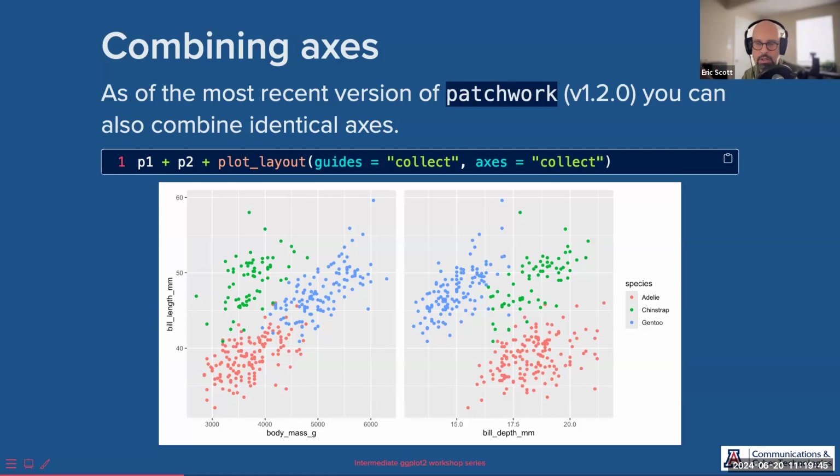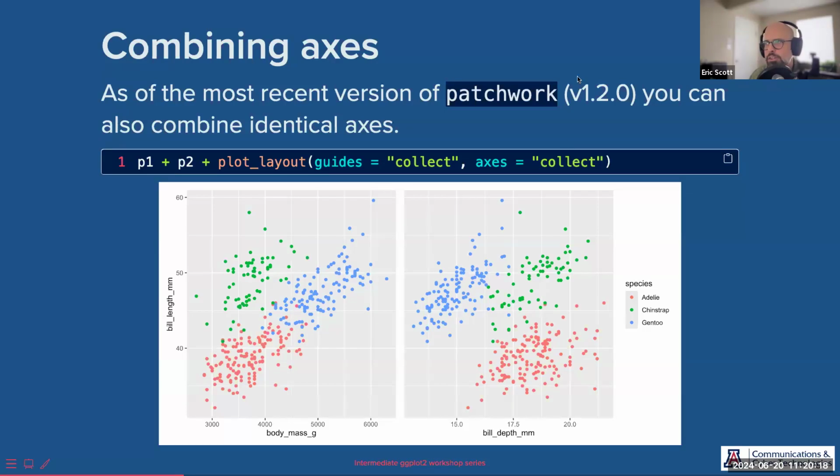So if you have a time series, for example, and you want to show temperature and precipitation as two separate panels, and they share the same time range, that to me is a really nice way to use this so that you don't have that repeated time scale, and you can get those two pieces of information a little bit visually closer together to make it easier to line those up and make comparisons and see, oh, this day that it rained a lot, it was also cooler, for example.